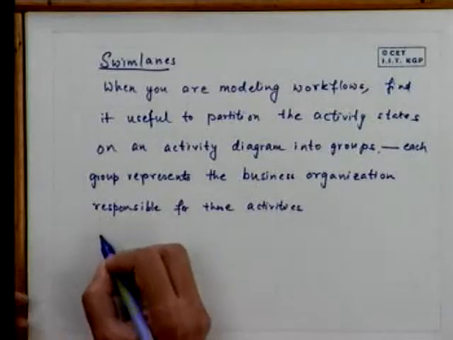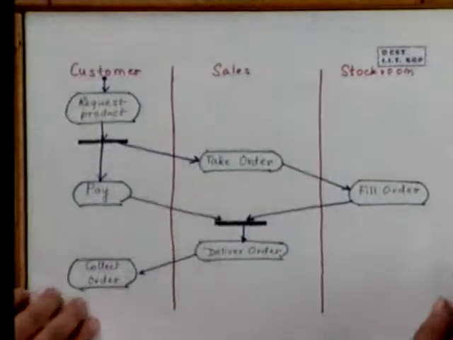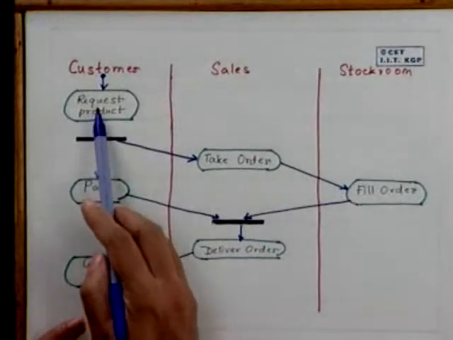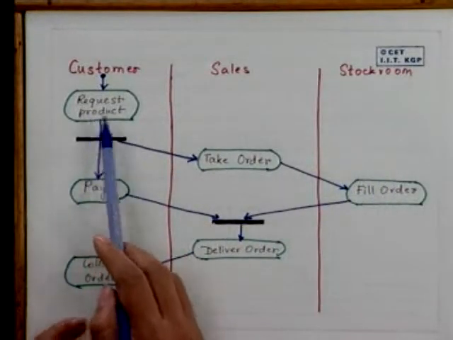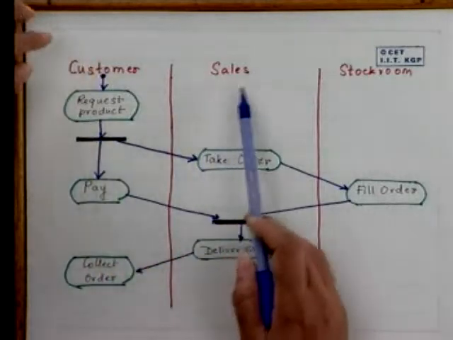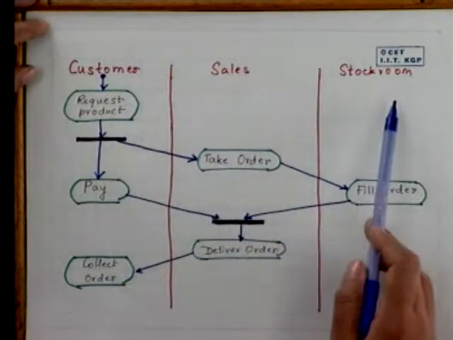Each swim lane represents a responsibility which is a part of the overall activity of the activity diagram and which is handled by a particular group. So let us see an example of a swim lane. So here we have an activity diagram where the customer, sales and stock room are the three swim lanes.